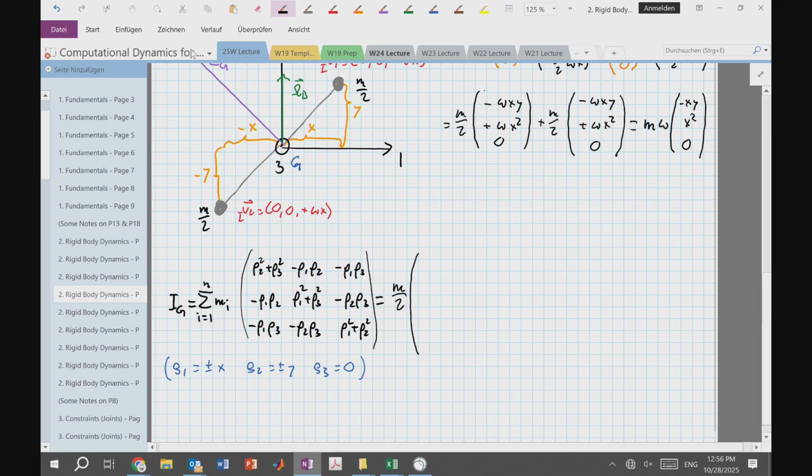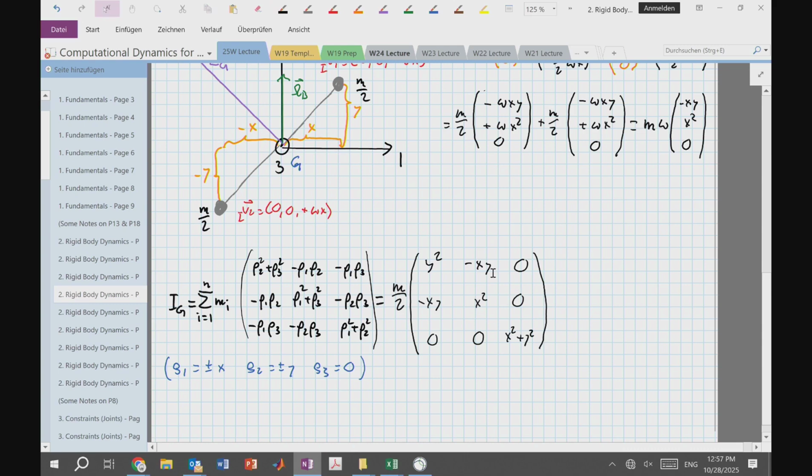So I would get for my inertia matrix sum over all particles, mass of the first particle, m over 2. And then I have row 2 square, which is going to give me y square. I have minus row 1, row 2, so minus xy. Then I have minus row 1, row 3, that's a 0, minus row 1, row 2, of course it's symmetrical, row 1 plus row 3 square, so we get x square here, we get another 0 here, another 0 here, another 0 here, and then here I get x square plus y square.